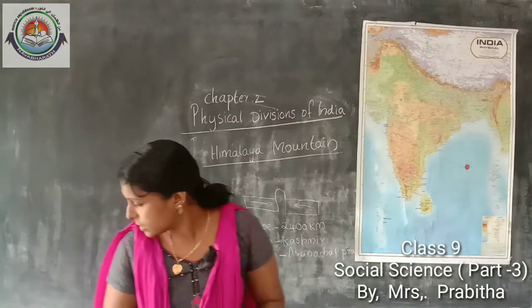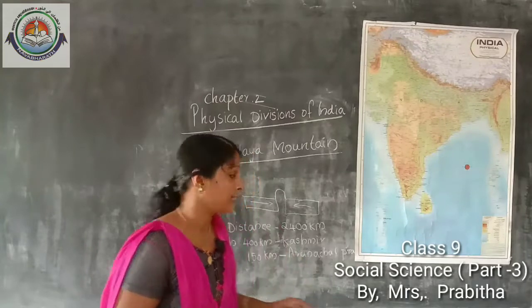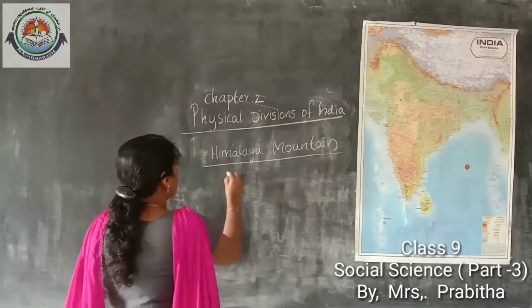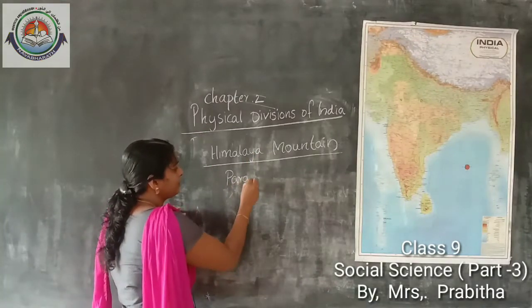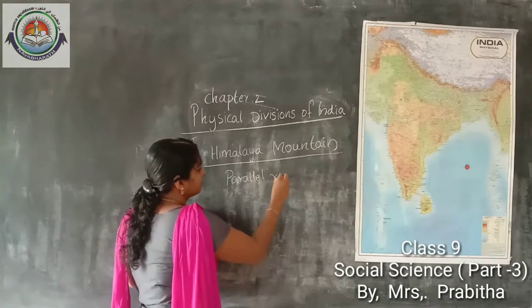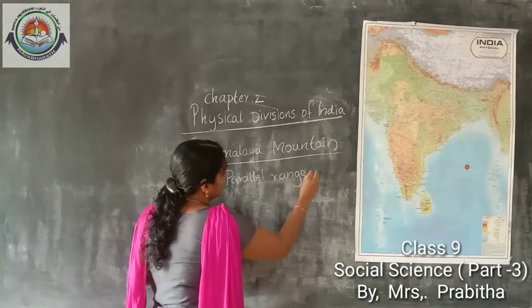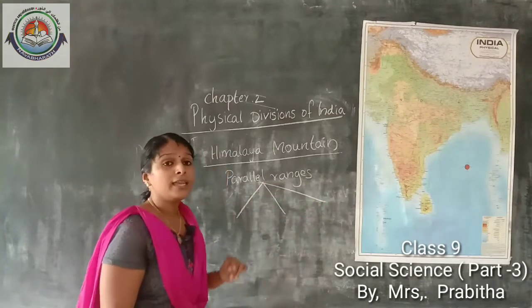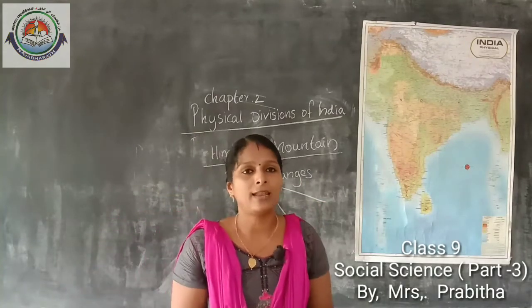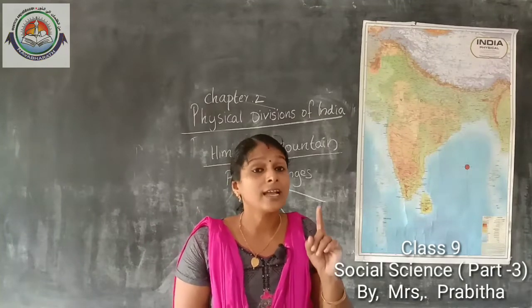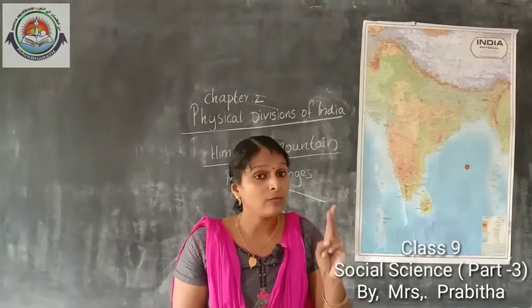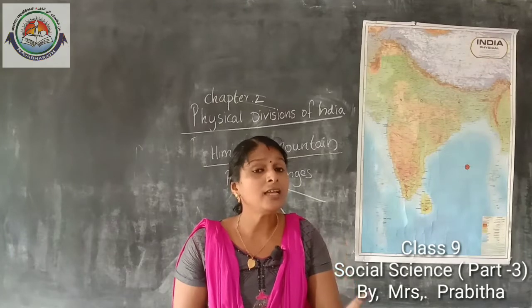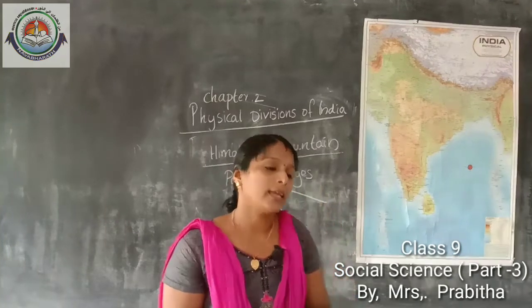Now we can discuss what the 3 parallel ranges in Himalaya are. First one is Greater Himalaya, second one is Lesser Himalaya, third one is Outer Himalaya.